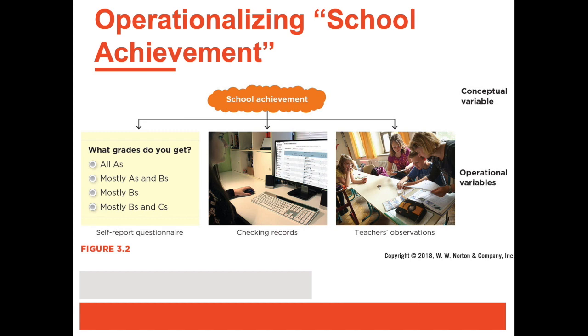For example, with self-report, often we might not know our grades super well, or we may feel like we don't want to say that we're getting mostly B's and C's, so maybe I'll just say, well, I'm getting mostly B's, even though I know that's not totally true. And when it comes to things like checking records, there can be a number of things. The difficulty of the class, the style of instruction that could affect the grade that isn't so much about school achievement. So each of those will have elements of school achievement and some noise incorporated in them.